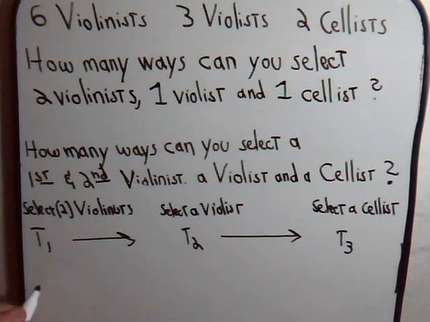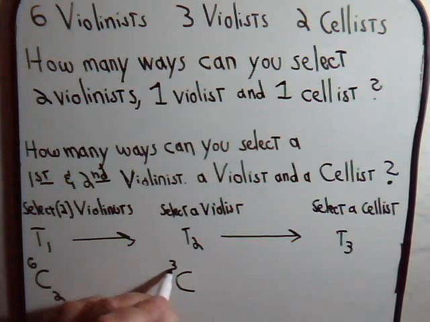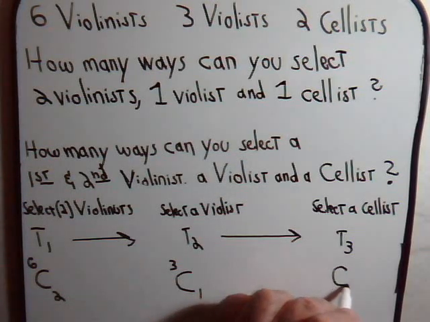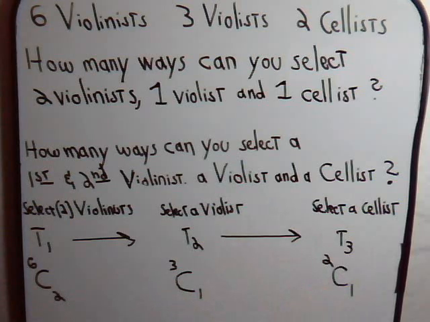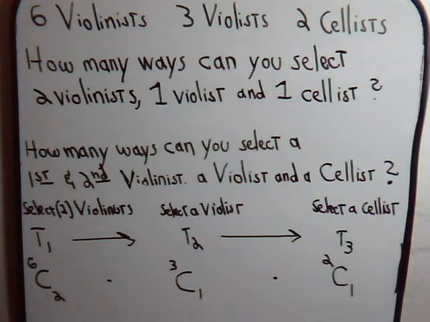So the number of ways that we can do that, we just can represent it by this. The number of ways to select 1 violist from 3 violists, that would just be denoted by this. And finally, to select a cellist, again, just to keep the same notation, that would be this, and this number times this number times this number. That then would be the number of ways that we can make our selection.